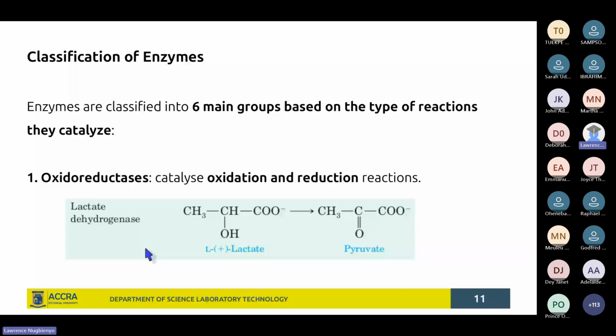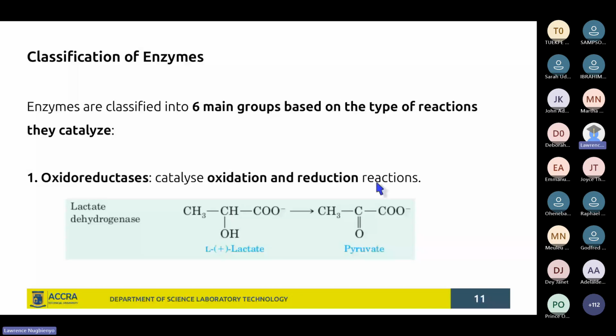From the name oxidoreductases, this group of enzymes catalyzes oxidation and reduction reactions, what you usually refer to as redox reactions.